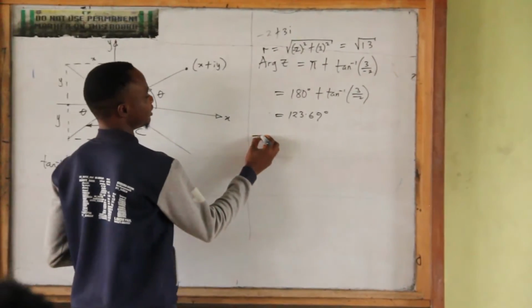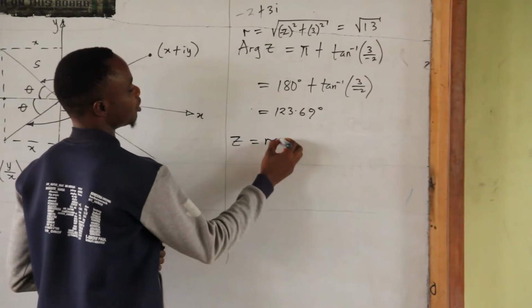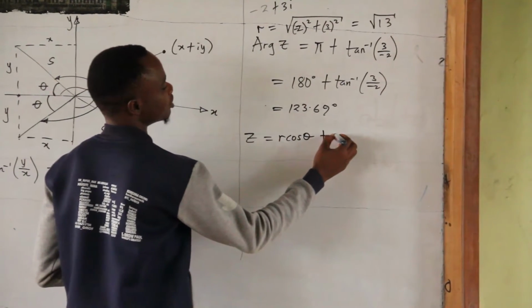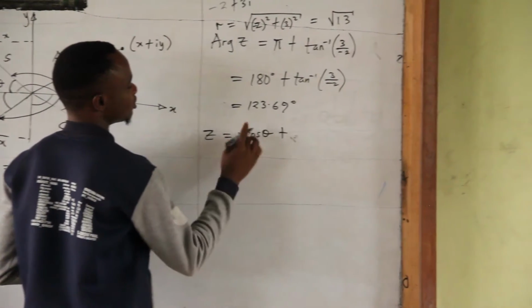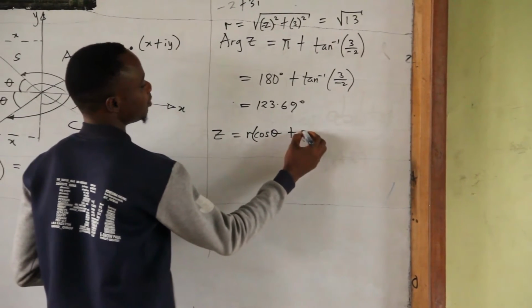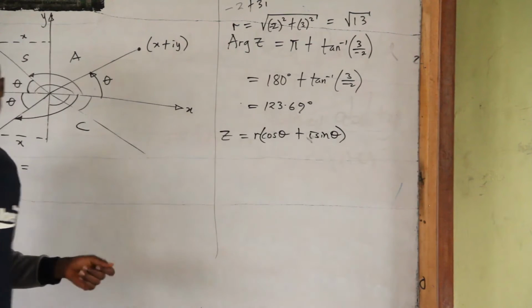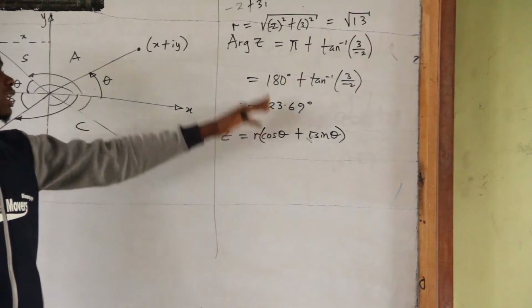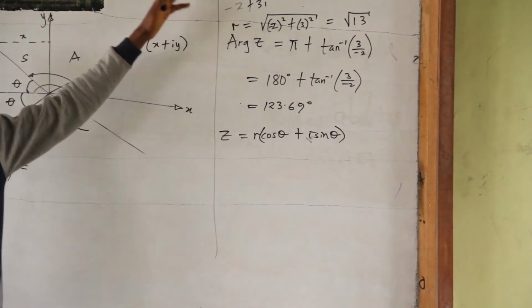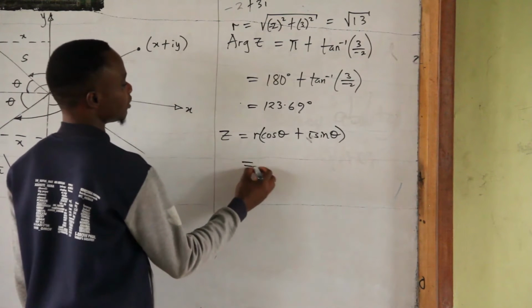This complex number is the same thing as having r cos theta plus i r sin theta, that is, r times cos theta plus i sin theta. So whatever argument you have obtained here, by the time you put it back here, you must get these results. Is it clear?